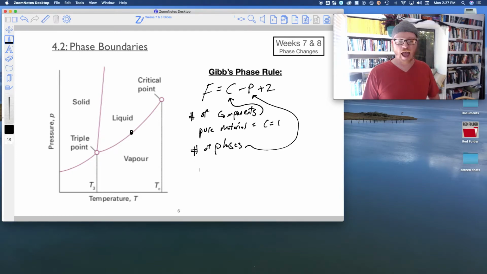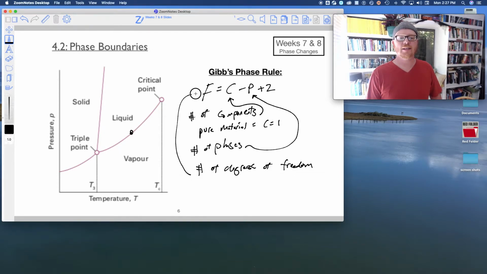And last, F is the number of degrees of freedom. This isn't quite the same as the degrees of freedom we talked about with rotations and vibrations and so forth. This is really how many things I can change and still maintain the same phase. For example, if I'm somewhere right in here, at this point, then I have 2 degrees of freedom.